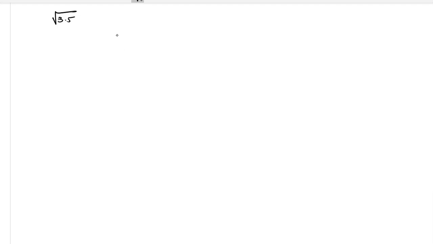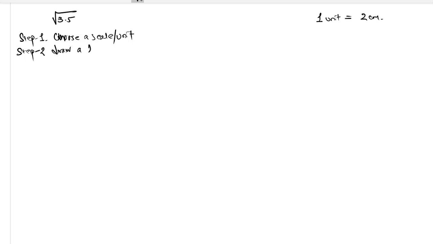So for plotting root 3.5, first choose a unit. Step 1: choose a scale or unit. I will choose 1 unit equal to 2 centimeter. Step 2: draw a line of 1 unit length.